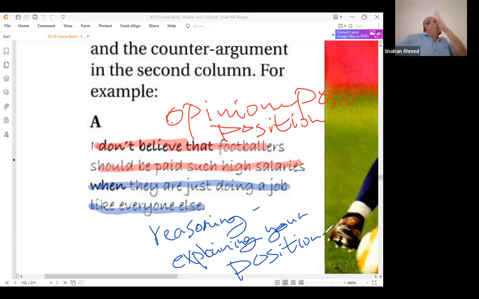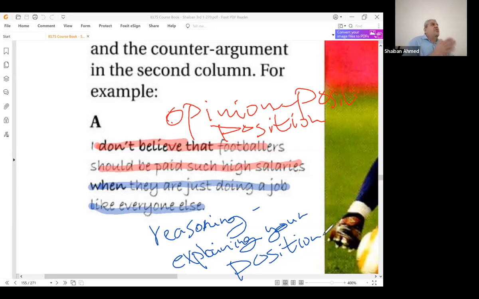So I say, I don't think children should work with adults without monitoring, when accidents can happen, they might be abused or even physically harmed. So this is the idea.